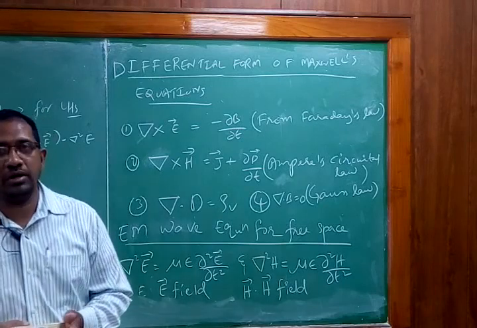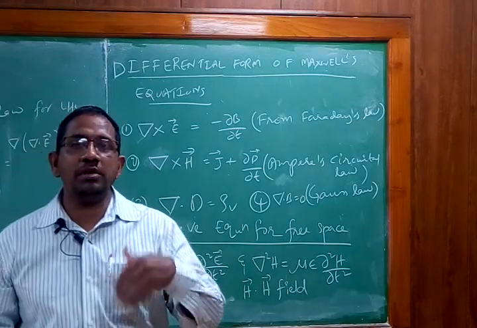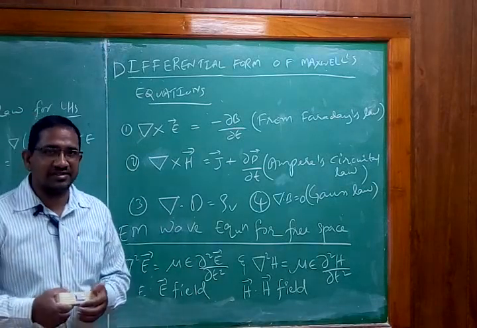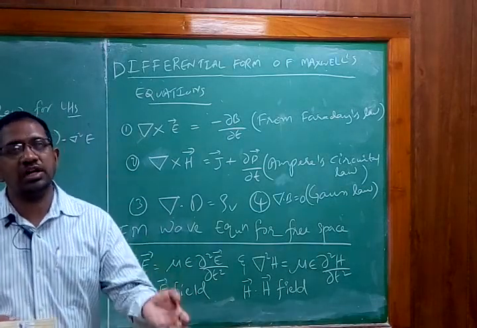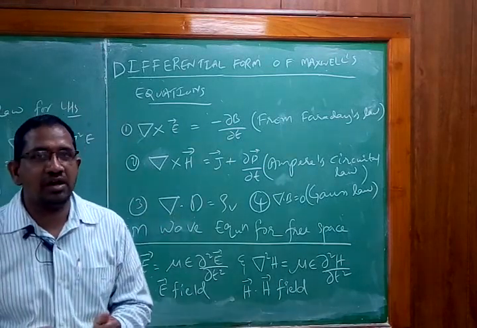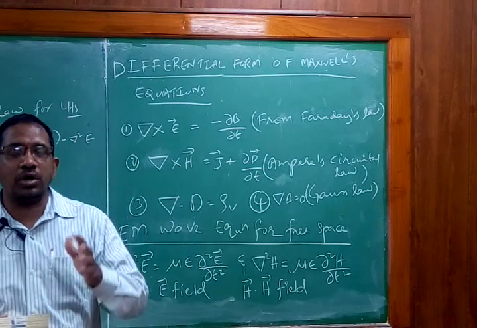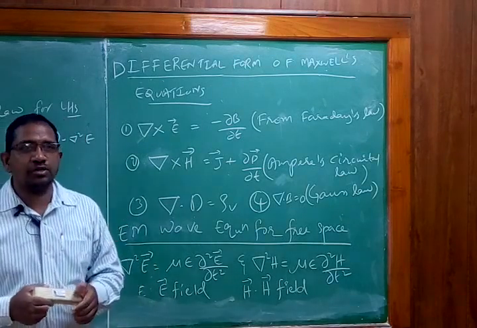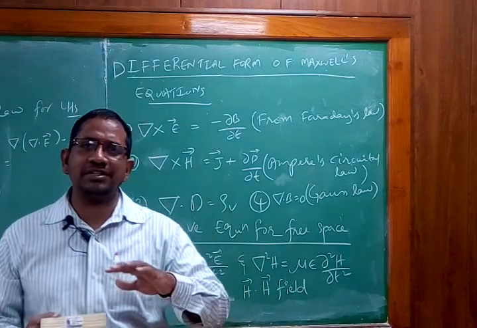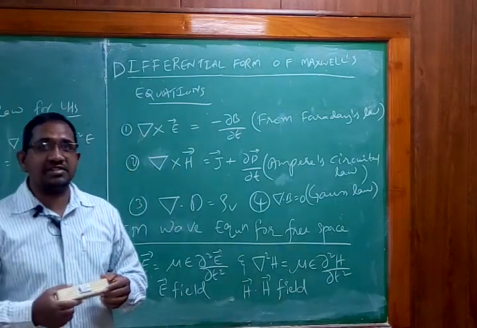Because if you solve any Maxwell's equation directly, we are going to get a physically realizable system. That means you need not bother about what the properties of a physical system should be based on this particular equation. We need not see all those things at the time of design of a physical system.